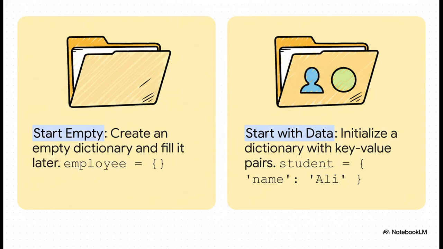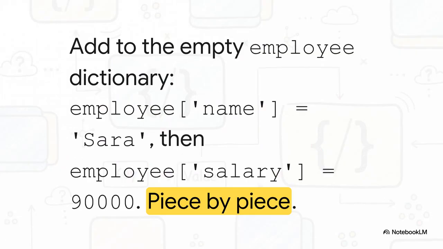Or, like on the right, you can start it off with some data already inside. Both ways are perfectly valid. So let's take that new empty employee dictionary we just made. We can add a name by creating the name key and giving it the value Sarah. Then, on the next line, we can add her salary with the salary key. Each line just adds a new entry, building up that employee's record piece by piece.